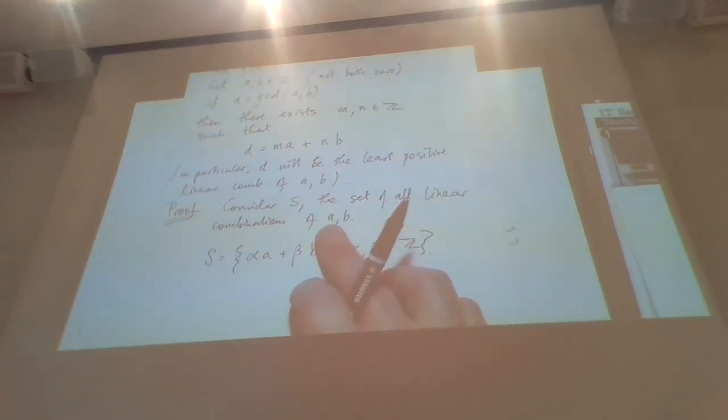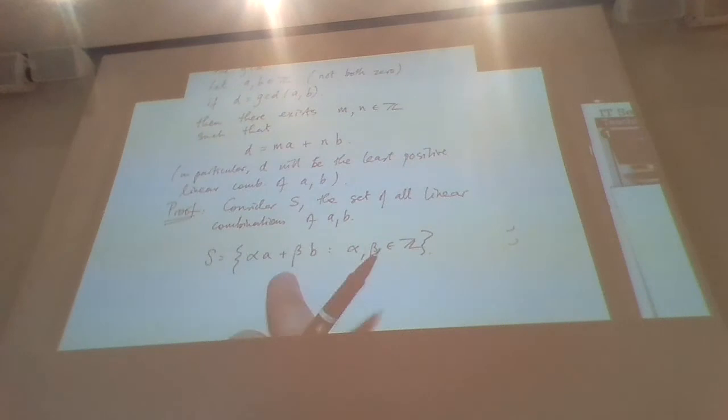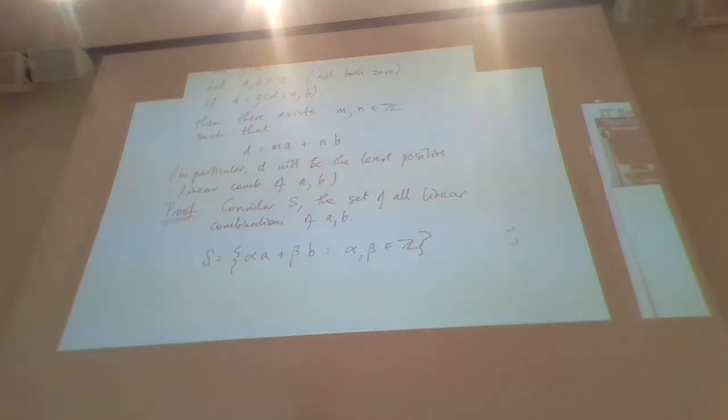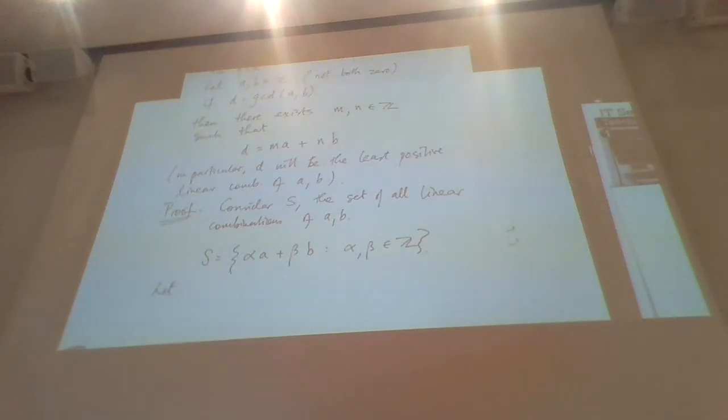Granted, we don't know whether A or B is positive or negative, but alpha and beta are allowed to be positive and negative. So if you choose the signs appropriately, you will be able to generate positive numbers as linear combinations of A and B, even if they're both negative. That means we can apply the well-orderedness principle to it.